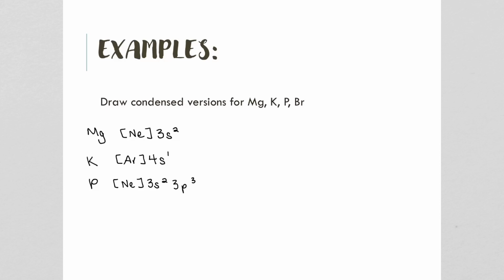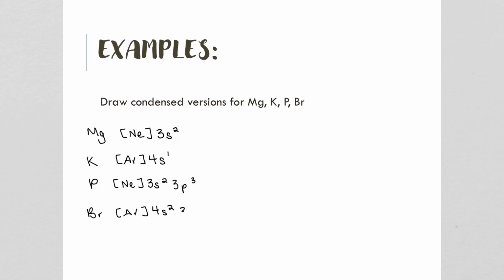And then lastly, bromine. Bromine is just before krypton, so we would write Ar. And then this is, remember, where it gets kind of unique. So we do 4s2, and then remember the D group is there because the transition metals are along there.